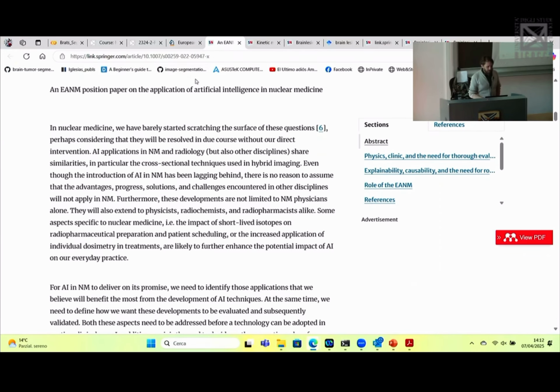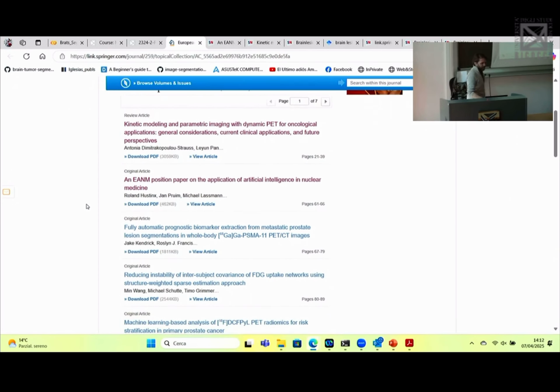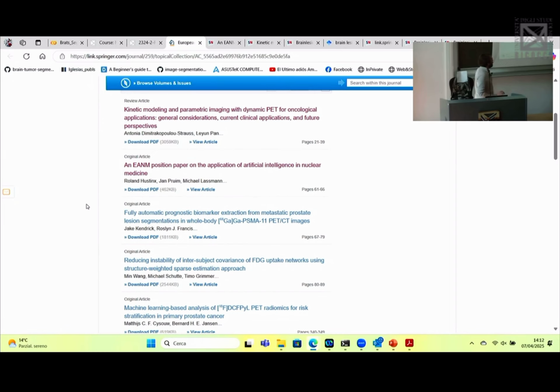The other collection is by the European Association of Nuclear Medicine, and they have a collection of papers about advanced image analysis in nuclear medicine, of course, given that that's their field. They have a collection with more than 50 papers.